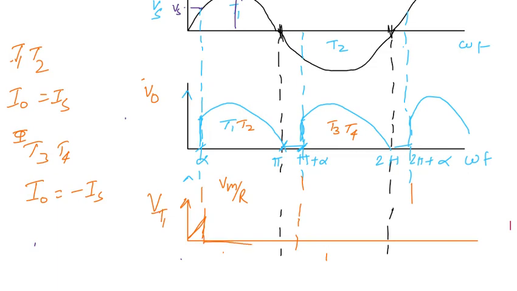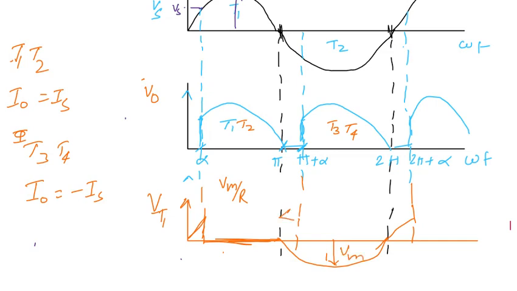T1 is conducting from here, so it will have 0 here. Next, in this cycle, T3 and T4 are forward biased and conducting, so the voltage experienced by VT1 will be like this. Again it will be like this. So the peak inverse voltage will be Vm.